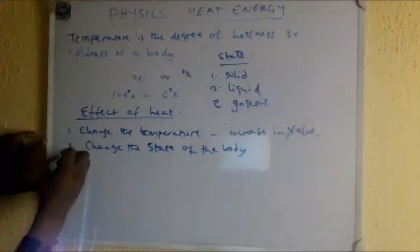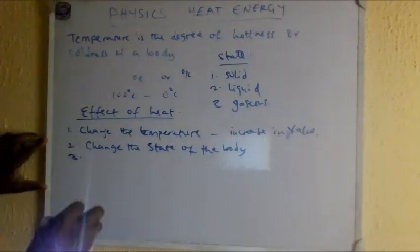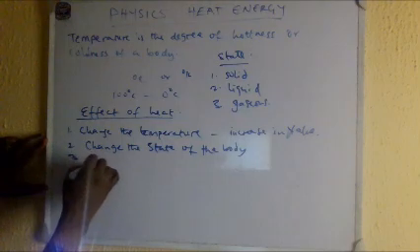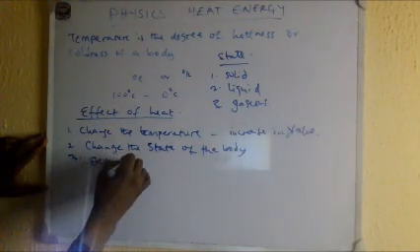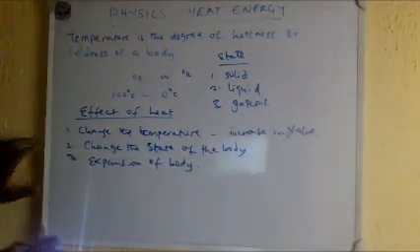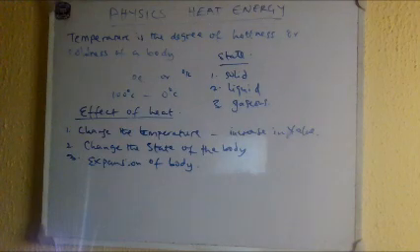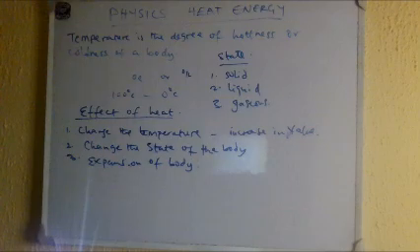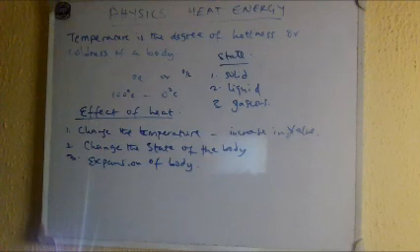The third effect of heat on the body is expansion of the body. You agree with me that some metals will increase in length when heat is applied to them, or some objects will increase in size when heat is applied to them.